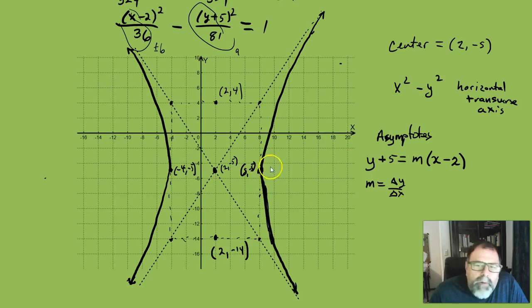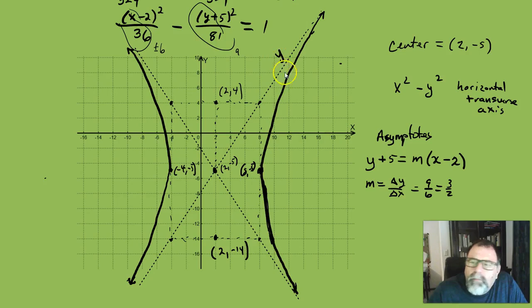So I don't memorize what they have in the book, the a over b or b over a. I just look. So this is going up. How many did that go? This change of y is 9 over 6. See, I look at it this way, y over x. So 9 over 6, and that reduces to 3 over 2. So the positive one is 3 over 2, and the negative one is negative 3 over 2.